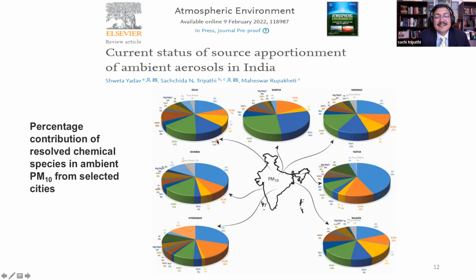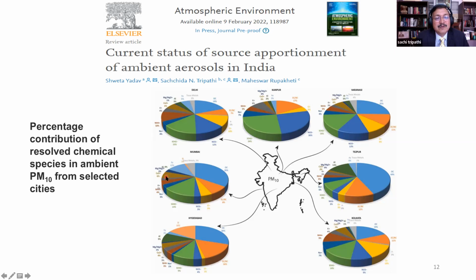What you notice is that, generally speaking, the percentage contribution of OC to PM10 has reduced, or is somewhat lesser than what we see for PM2.5. But you would certainly notice that the contributions of these metal elements, that is calcium, magnesium, aluminum, etc., have gone up.